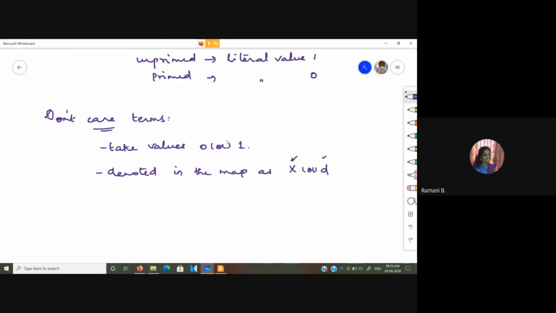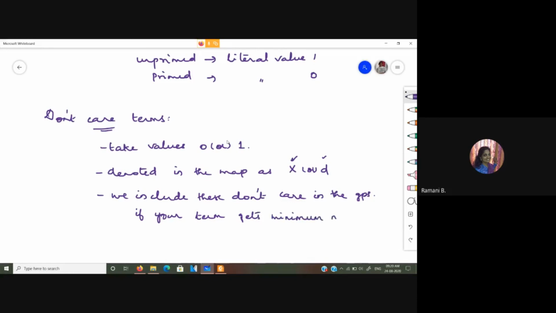We include these don't cares in the groups if the term gets a minimum number of literals.